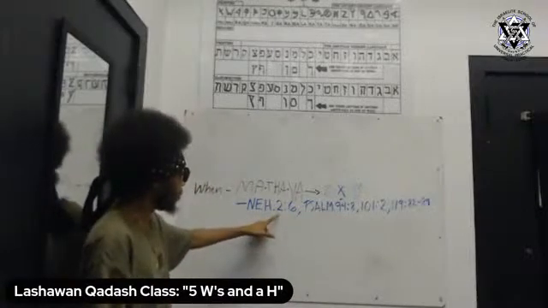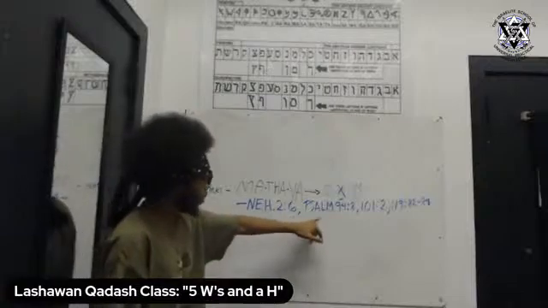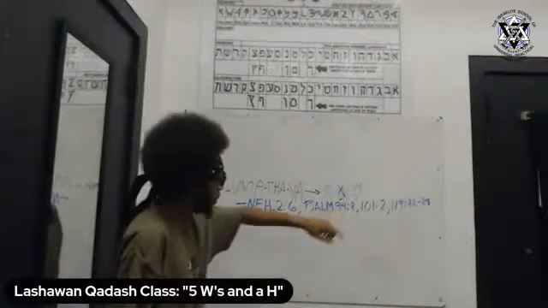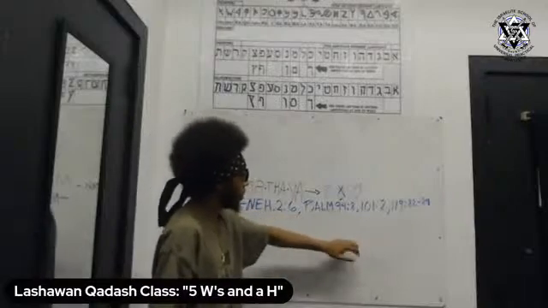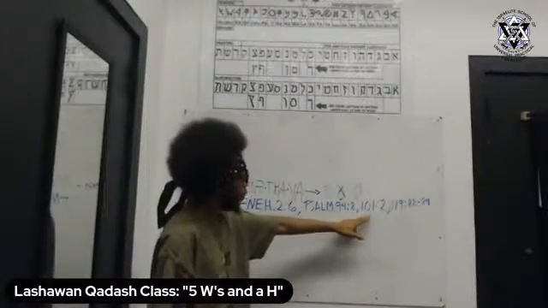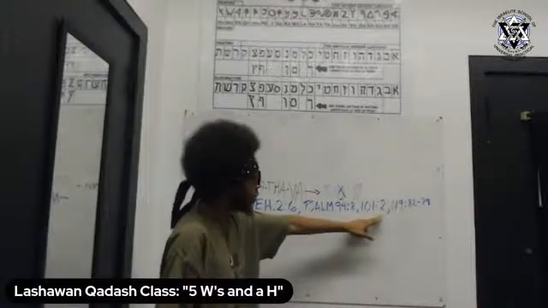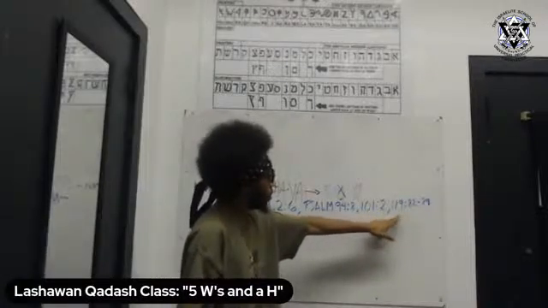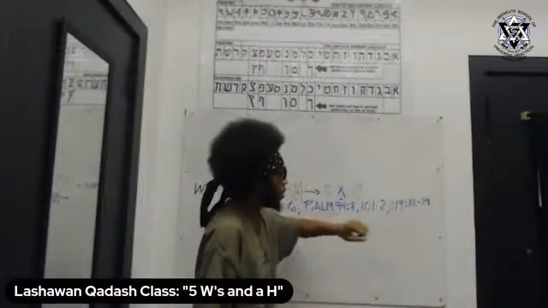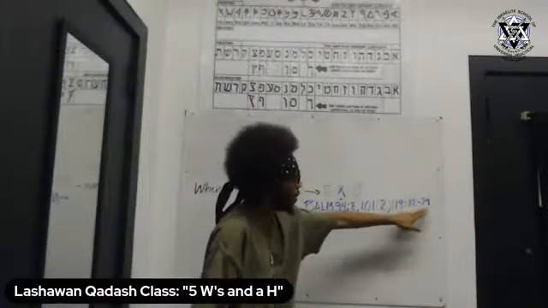Nehemiah chapter 2, verse 6, Psalm chapter 94, verse 8, and then it continues. This is going to be chapter 101, verse 2, chapter 119, verse 82 through 84. So the verses is 82 through 84.